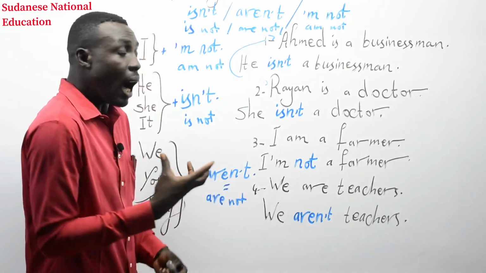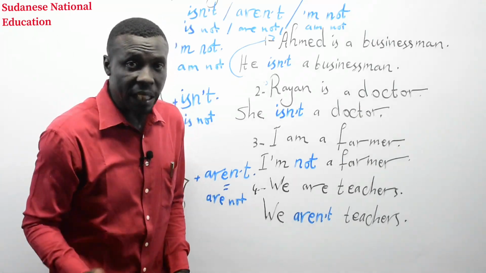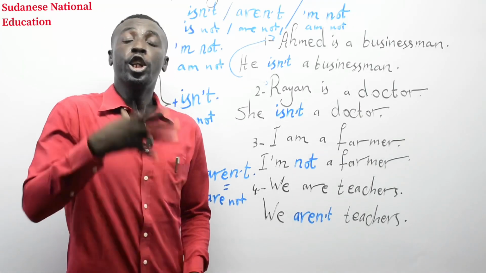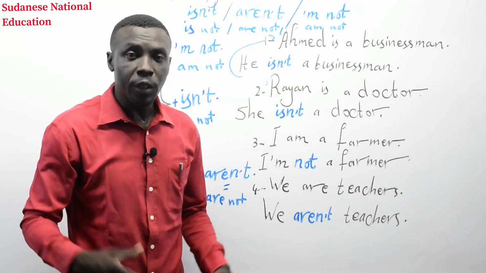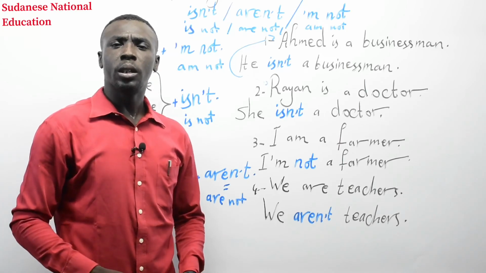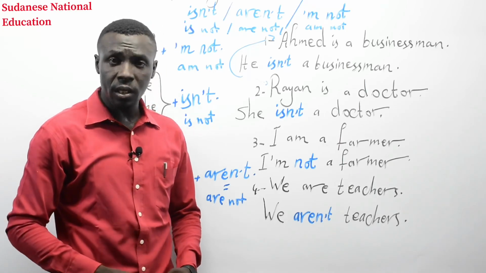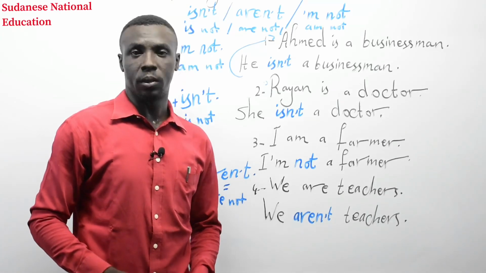So this is how you make a negative sentence. If you want to make a negative sentence, you need to add not after the verb to be. We are going to see more negative sentences, and then we will see how we make questions.